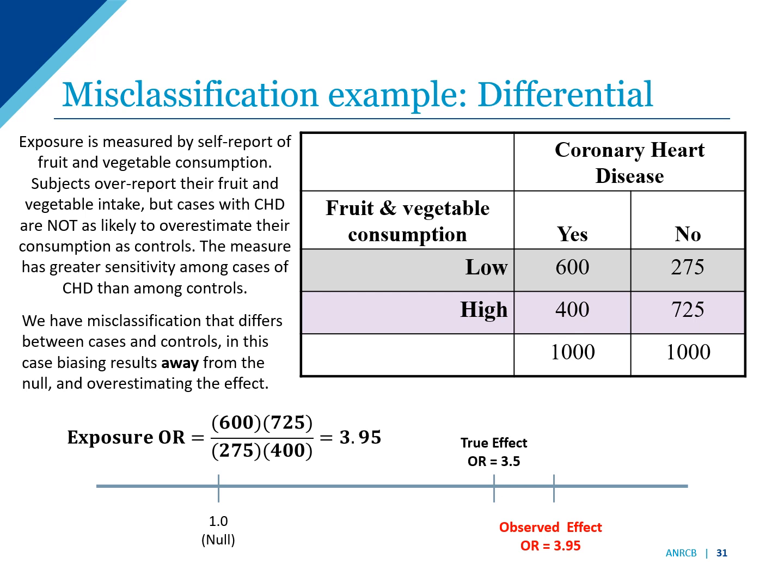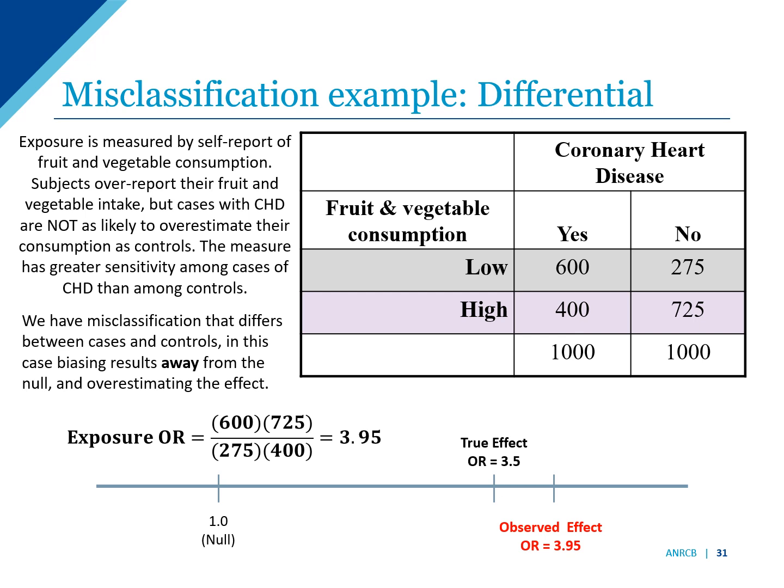If exposure is again measured by self-report, and subjects over-report their fruit and vegetable intake in both cases and controls, but cases with coronary heart disease are not as likely to overestimate their consumption as the controls, the measure has greater sensitivity among cases of CHD than among controls.